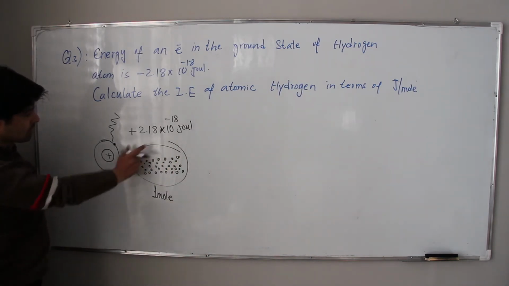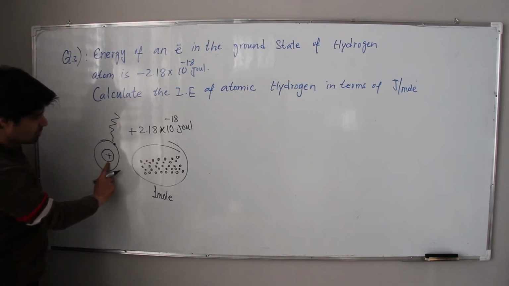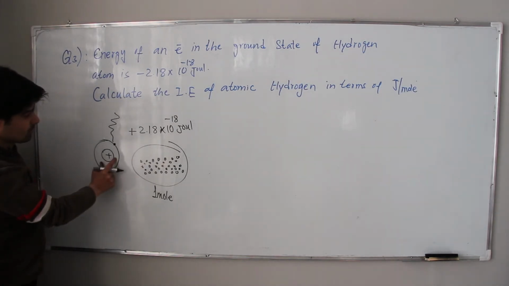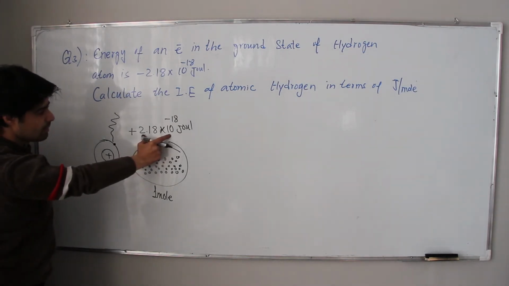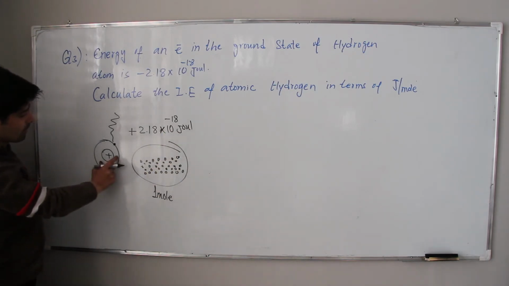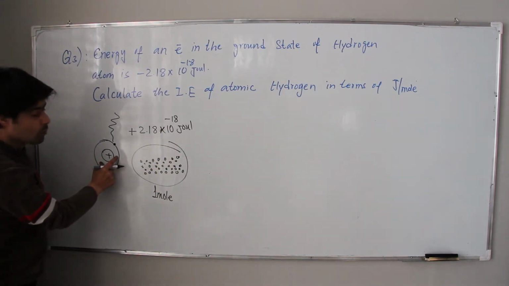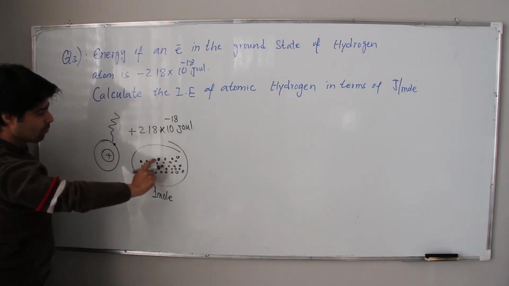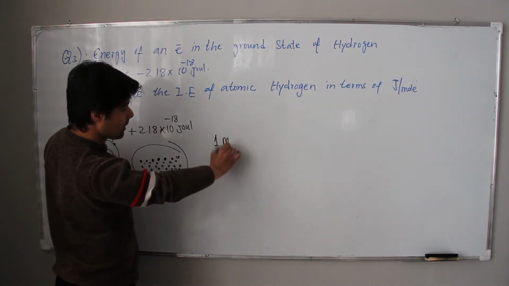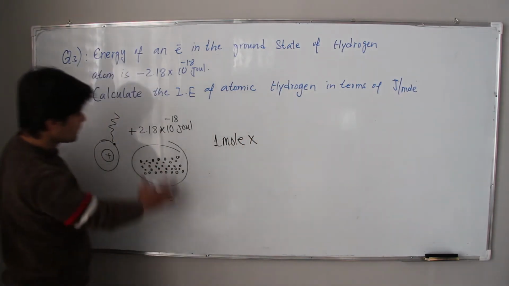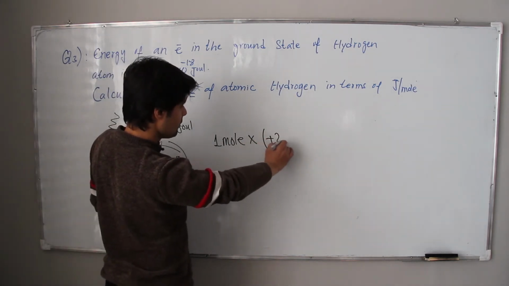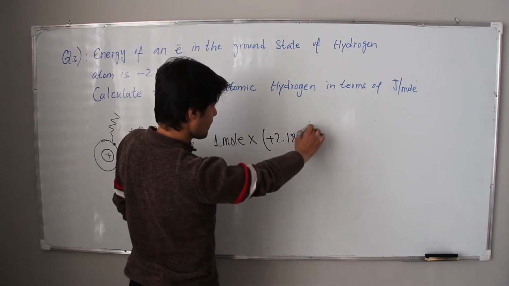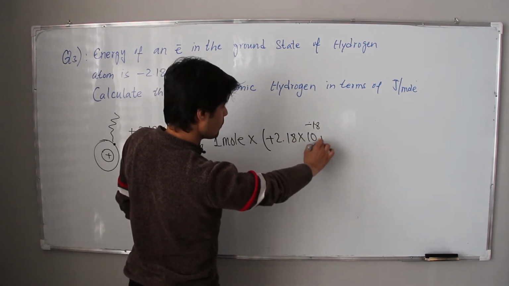For 1 hydrogen, you are giving this amount. For 2 hydrogens, you multiply this energy by 2. For 10 hydrogens, by 10. For 100 hydrogens, by 100, and for 1 mole we should multiply 1 mole by this amount, which is positive 2.18 times 10 to the power minus 18 joule.